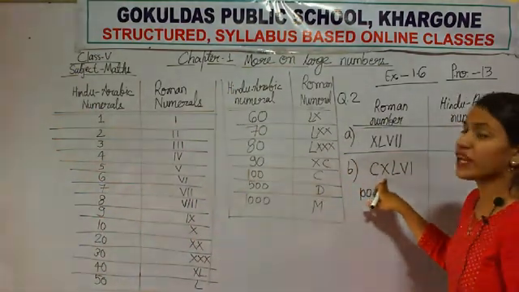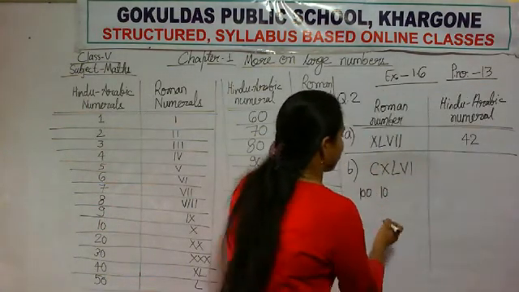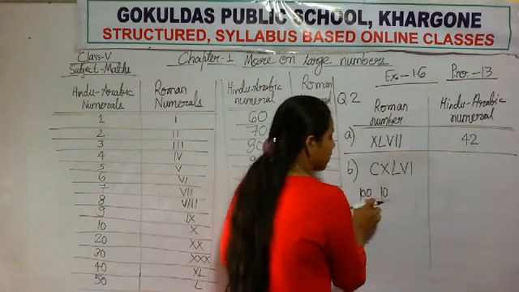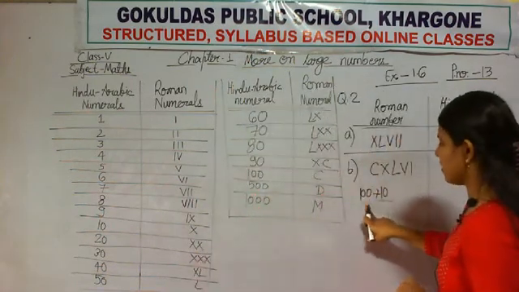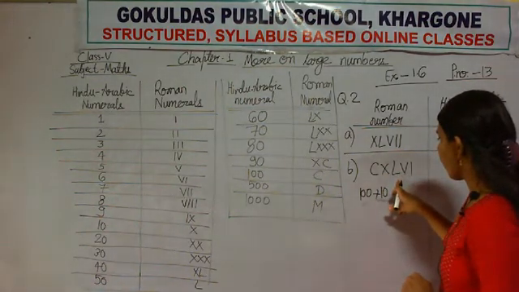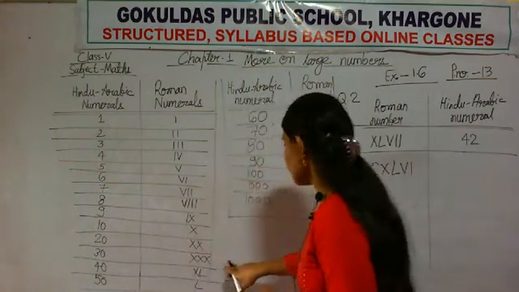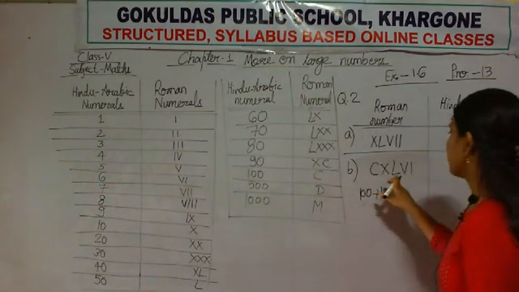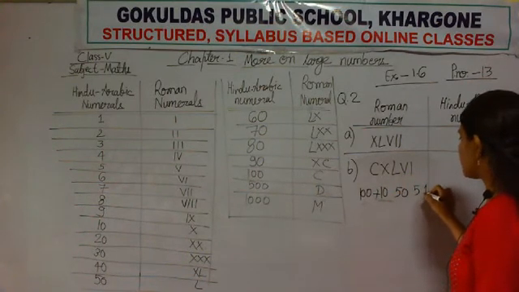Now you see that the smaller number, this 10, is smaller than 100 and is right of the larger number, so it shows addition. Now we come to L. L represents 50, so write 50. And this V represents 5, and this I represents 1.